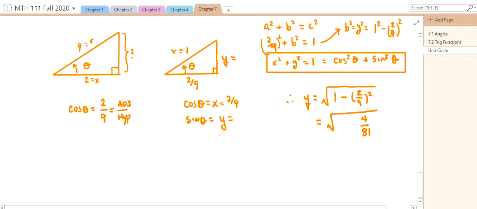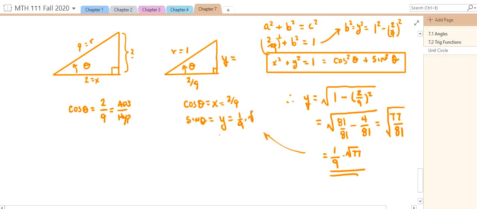You have to square the top and the bottom. So let's make this 81/81. So this equals 77/81, or the square root of that. We can pull out 1 over 81, which is going to be 1 over 9, times the square root of 77. That's what y is. That's what the sine of theta is. 1/9 times the square root of 77.